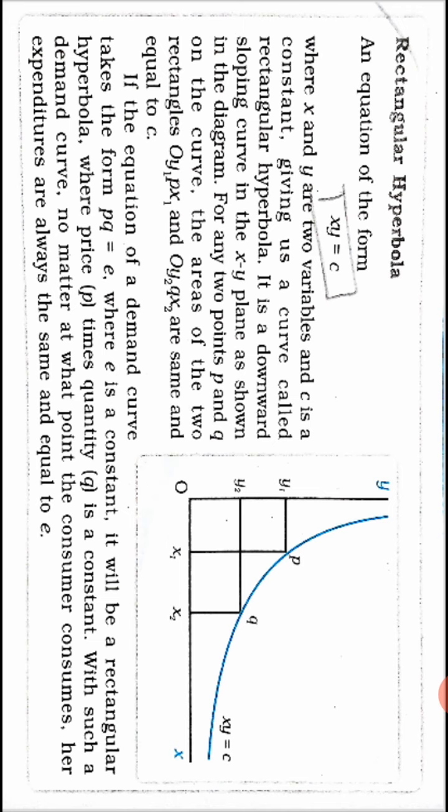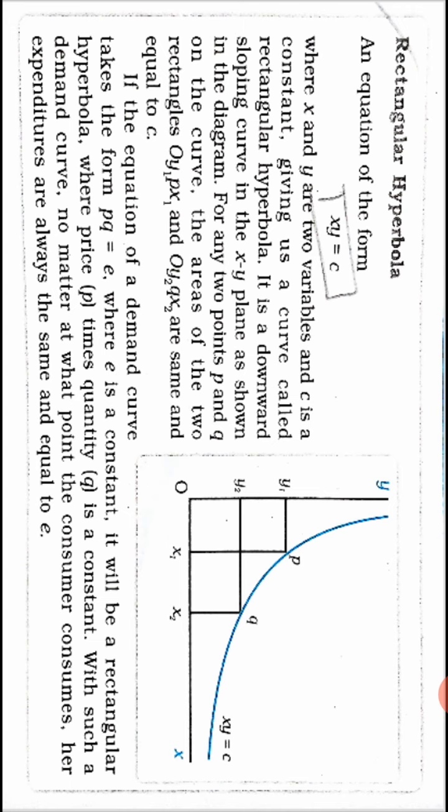For any two points P and Q on the curve, it is equal to an indifference curve. In the indifference curve we studied that any point on the curve gives us an equal level of satisfaction. Same here.